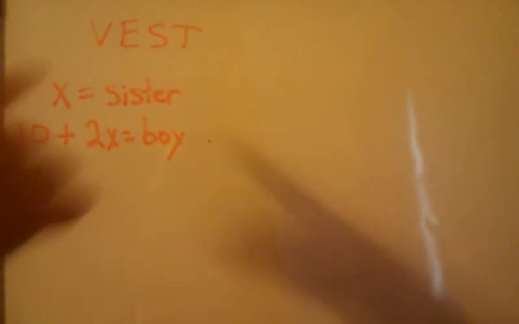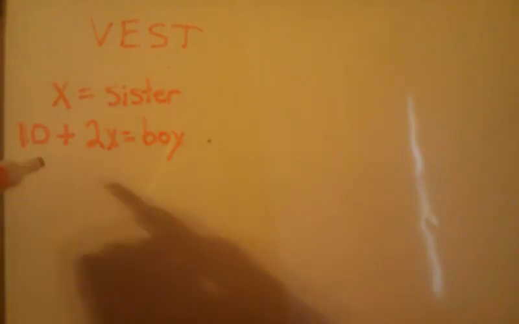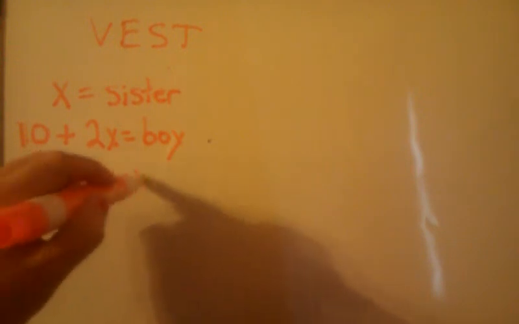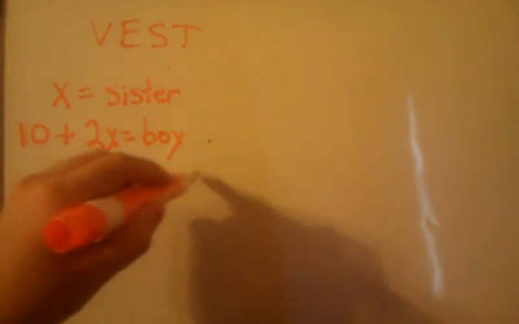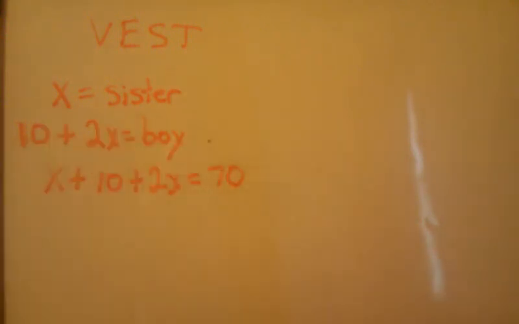Now I need my equation. Together they earn $70. What does that mean? What does together mean? Together means add. So I'm going to add them together. The sister plus the boy, X plus 10 plus 2x, and it says they made $70. Now all I have to do is solve it.